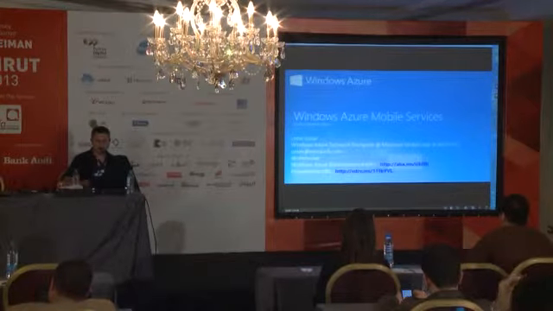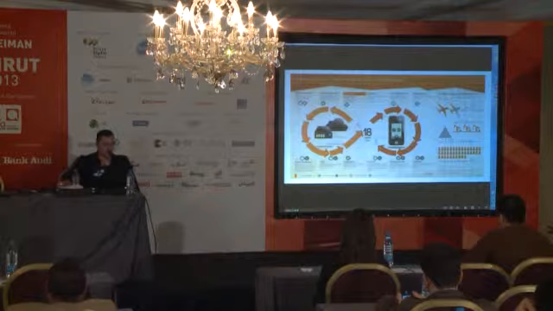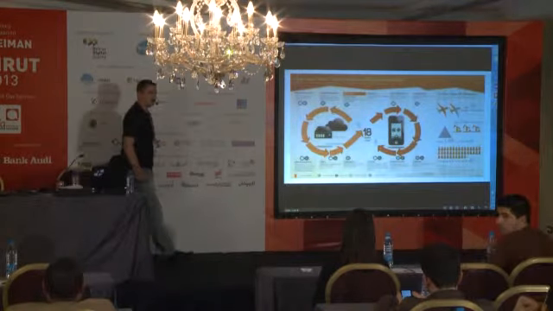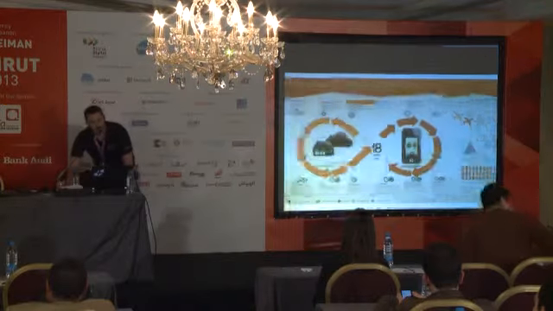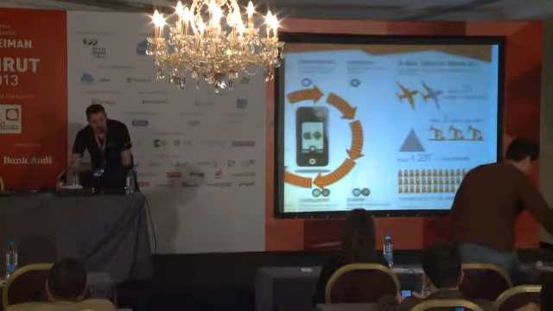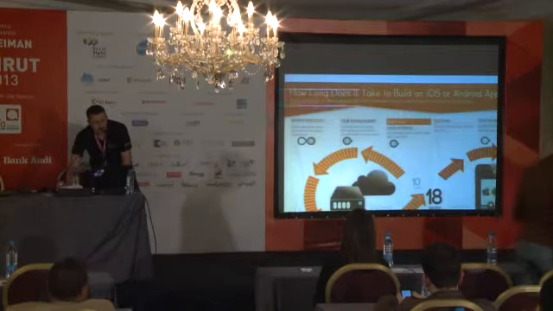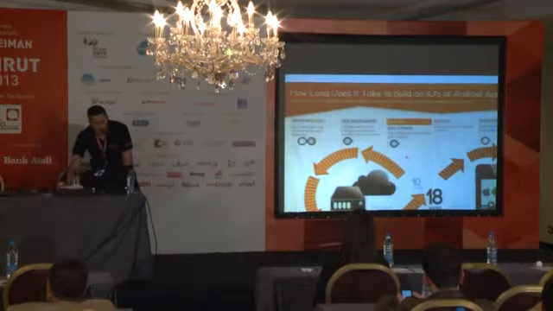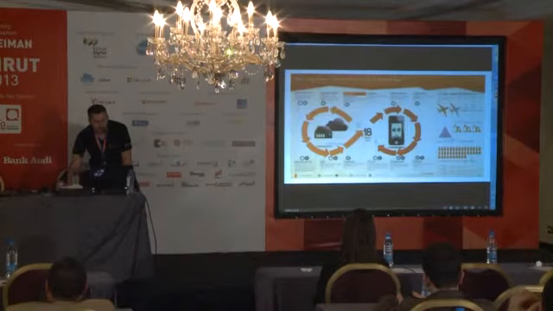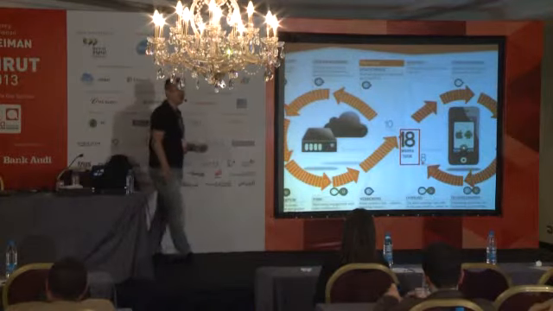First of all, there is a survey that was made by Kinvey among iOS and Android developers. The question was, how long does it take to build an iOS or Android application? The common answer is that it took about 18 weeks to develop a mobile application.